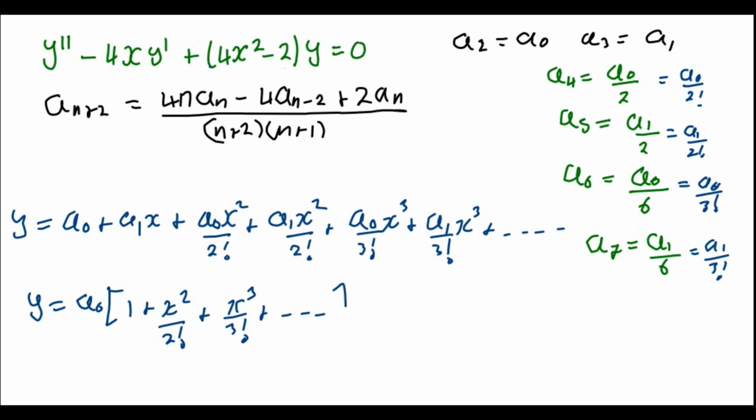Then plus, I have an a sub 1. So a sub 1, now this one will not be 1 here, this will be x, plus x to the power 2 divided by 2 factorial, plus x to the power 3 divided by 3 factorial, plus, and it keeps on going like that.